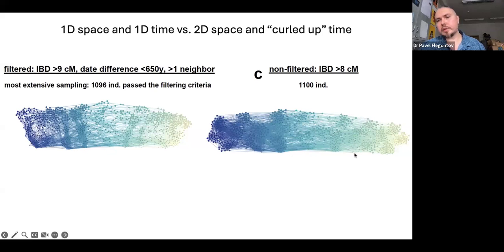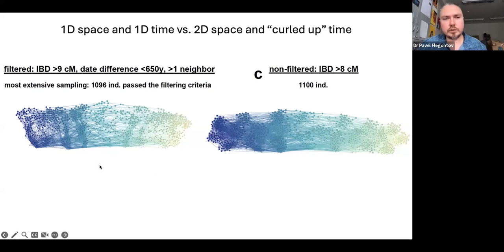These clumps actually correspond to simulated demes. And the point size here stands for the date of the individual. So we see that old individuals, large circles, and young individuals, small circles, are intermingled here. Or if you look more carefully, we see that this dimension of time is actually curled up in this layout. It's curled up in each cluster corresponding to each deme, but the dimensions of space are accurately visualized.